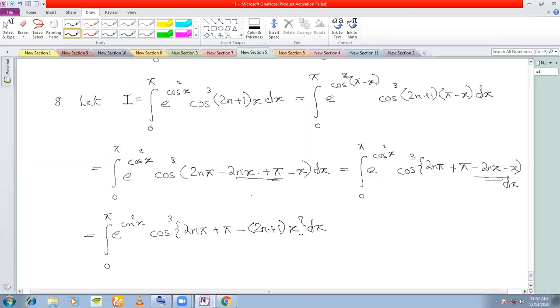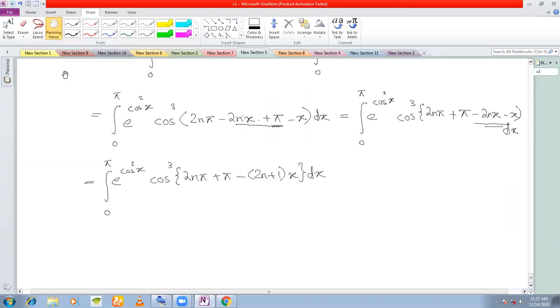Now look at it in this manner: the integral 0 to pi of e to the power of cos square x, cos cube of (2n pi plus pi minus (2n plus 1) x), dx.